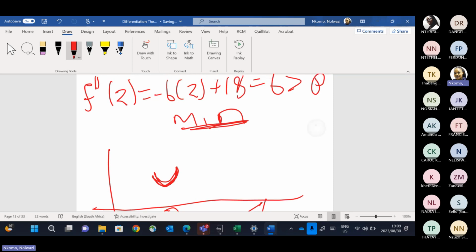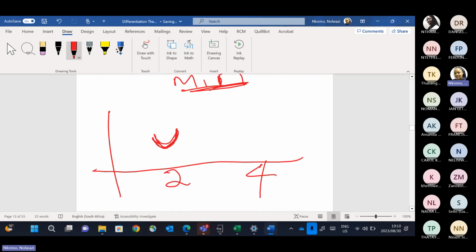And then we said 4 is the maximum point, and we know that a maximum point gives this shape. And if we connect these 2 points, we'll have something like this.